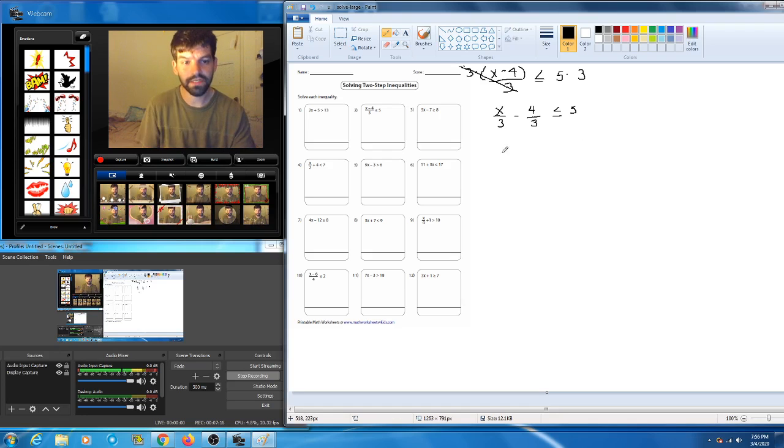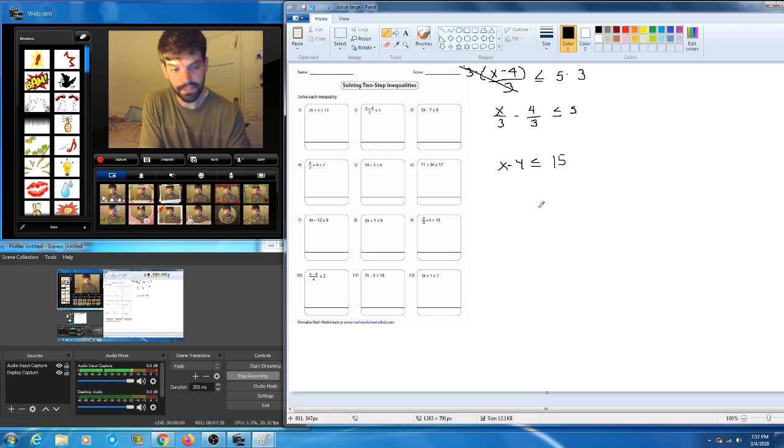But when we do this and get rid of the fraction right off the bat, we're left with x minus 4 is less than or equal to 5 times 3, which is 15. Now we've made our lives a whole lot easier, because now all we have to do is isolate the variable one more time by adding 4, which is the inverse of subtracting, to both sides.